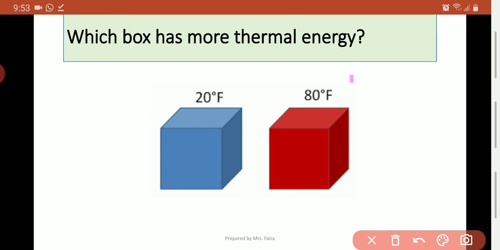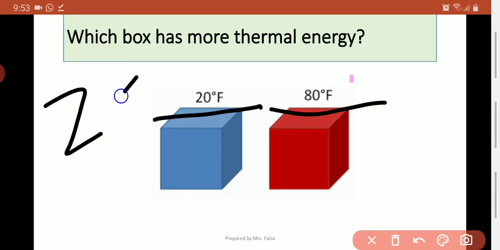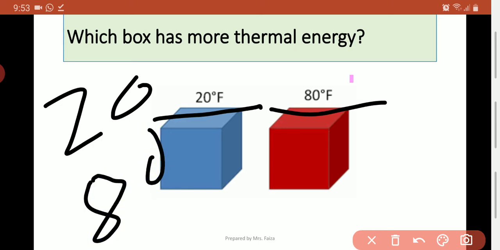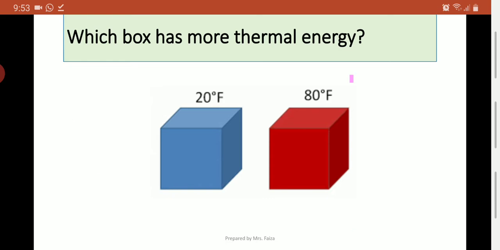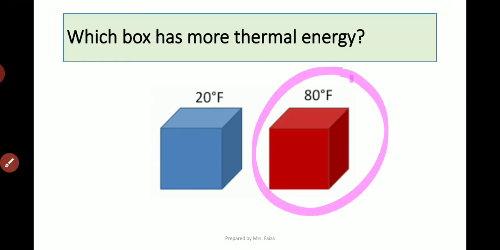But we have a difference in temperature. We have 20 Fahrenheit and 80. Who's greater? It's the 80 Fahrenheit, because it has more thermal energy, because it has higher temperature.